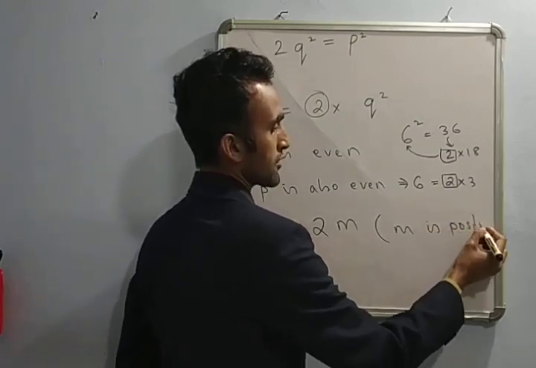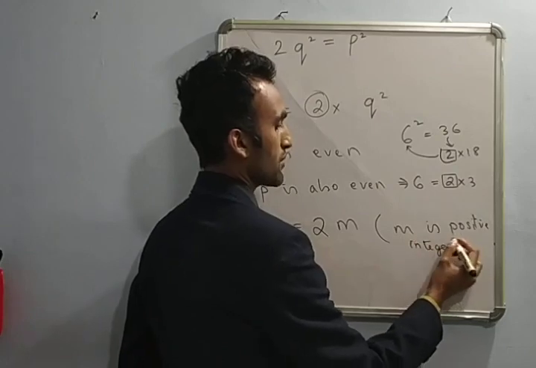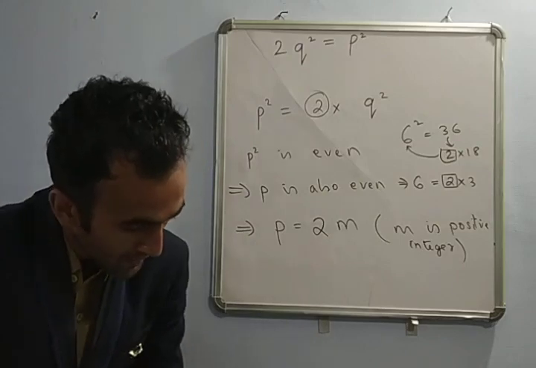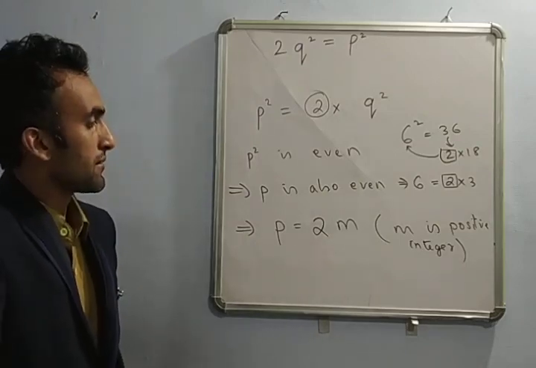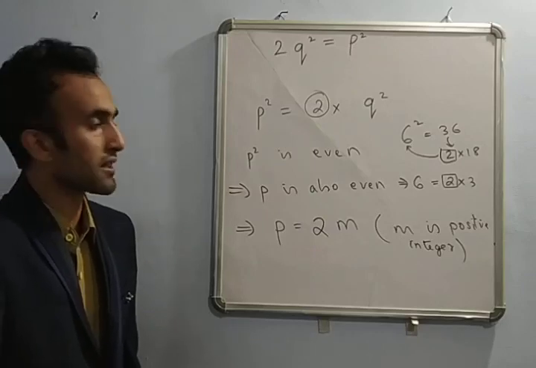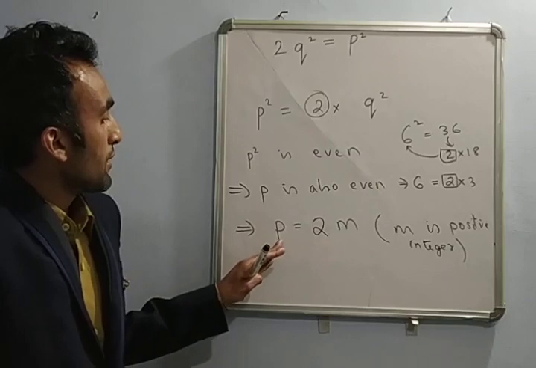Let me assume m is a positive integer. I'm not doing it for negative here. Even in the odd case, positive or negative doesn't matter. But here, I'm assuming p equals 2m.